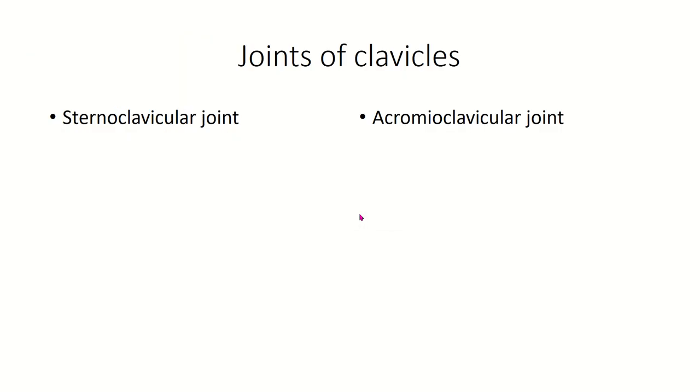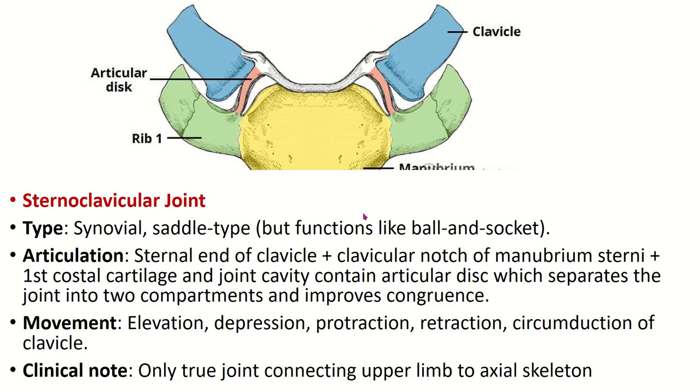There are two joints related with the clavicle: the sternoclavicular joint and the acromioclavicular joint.